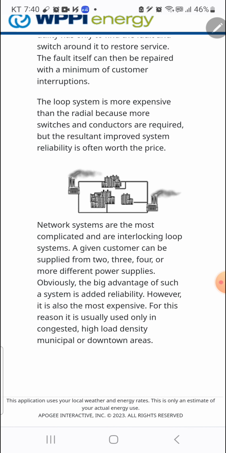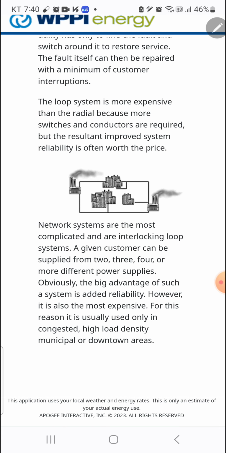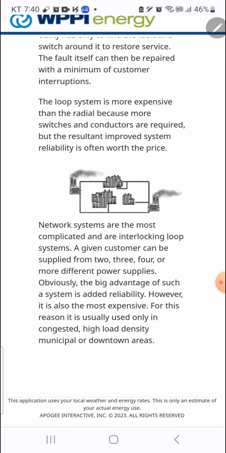Network systems are the most complicated and are interlocking loop systems. A given customer can be supplied from 2, 3, 4, or more different power supplies.